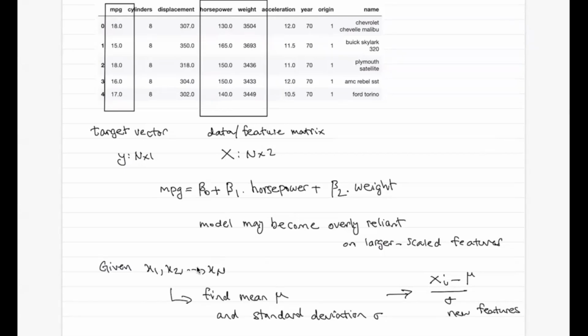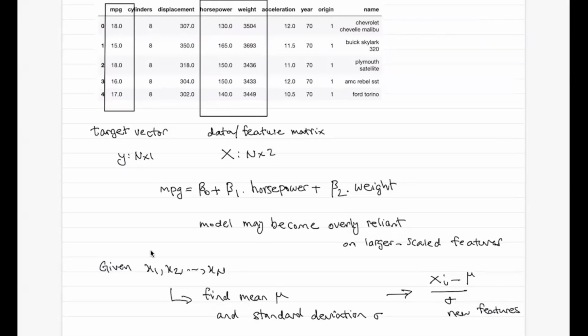The idea is that if you have a bunch of numbers here, let's say n observations, so these are the n observations, let's say for weight or horsepower, you can find the sample mean by just taking the average of these, and also the empirical standard deviation. And then you can transform each of these values, each of these features, by subtracting the mean and dividing by the standard deviation.